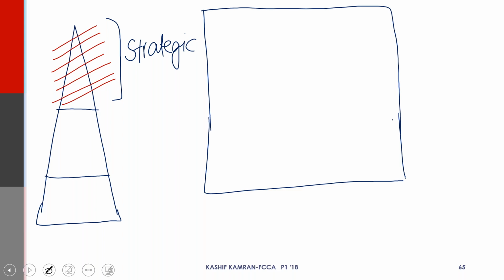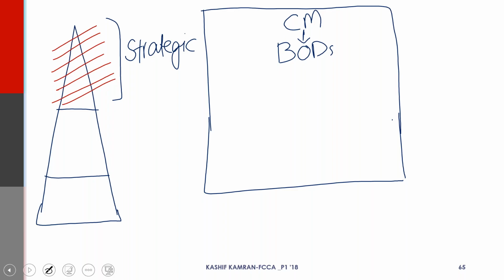At the strategic level, if I make my hierarchy for corporate governance, this is the hierarchy. On the top, there is a person known as the chairman, right? Under the chairman is the board of directors, the executive directors, not the non-executive directors.